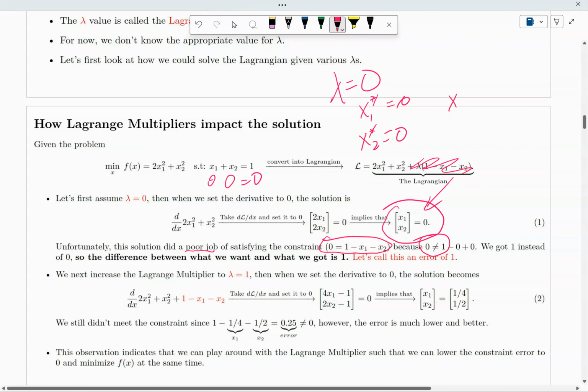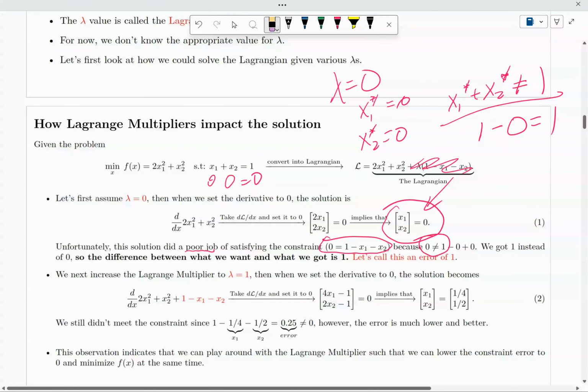And since x1 plus x2 is not equal to 1, instead it's equal to 0, the difference between what we got and what we want is 1 minus 0, which is 1. We're supposed to get 1, but we got 0. Therefore, there's an error.